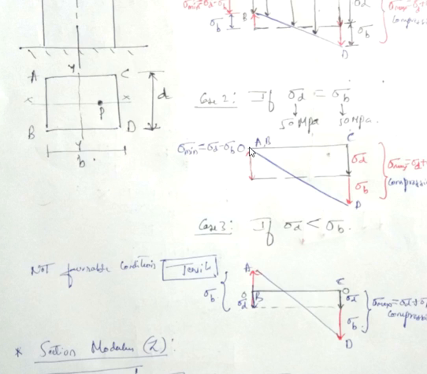So this is the final point I am getting. At this point, final point in the right side, that is C and D, I am getting the compressive stress, and at left section, that is A and B, because of direct stress and bending stress I am getting the total stress as 0.